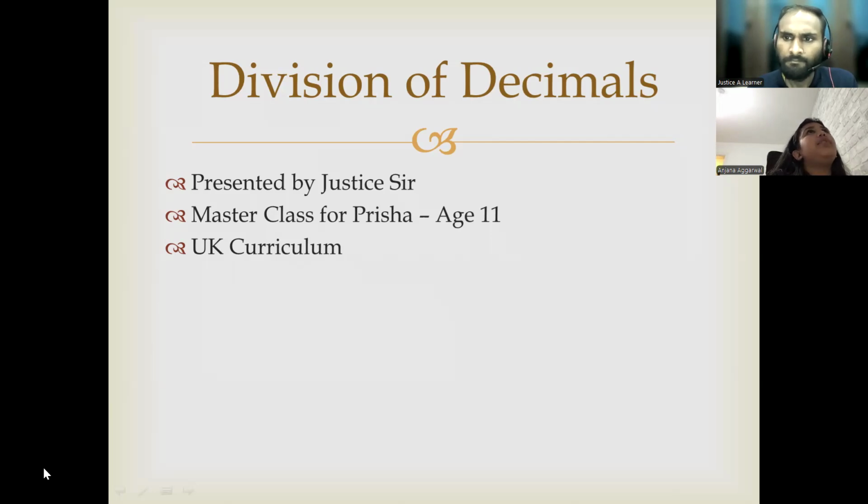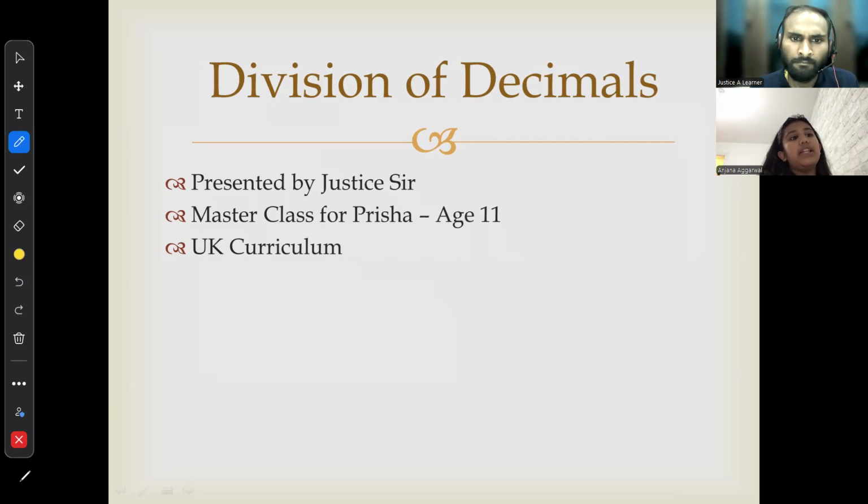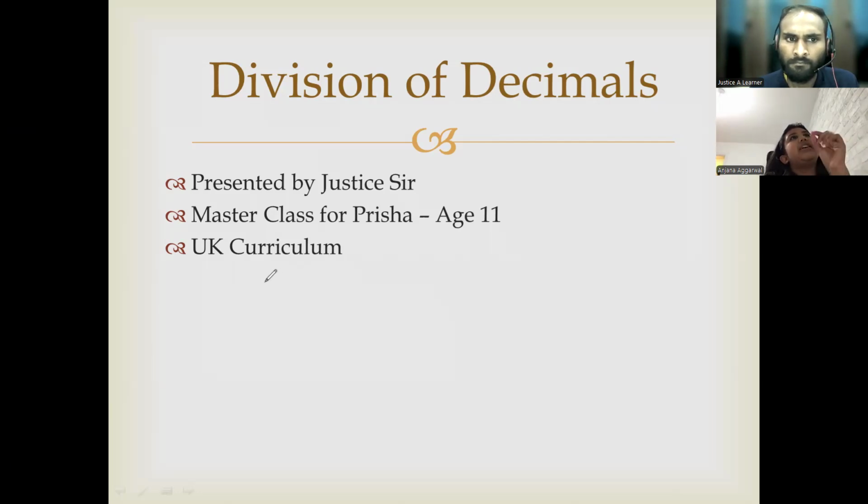And in place value of normal numbers, it's one, tenth and all of that. In this it's tenths, hundredths, and then it's decimal point, then one tenth, like that.